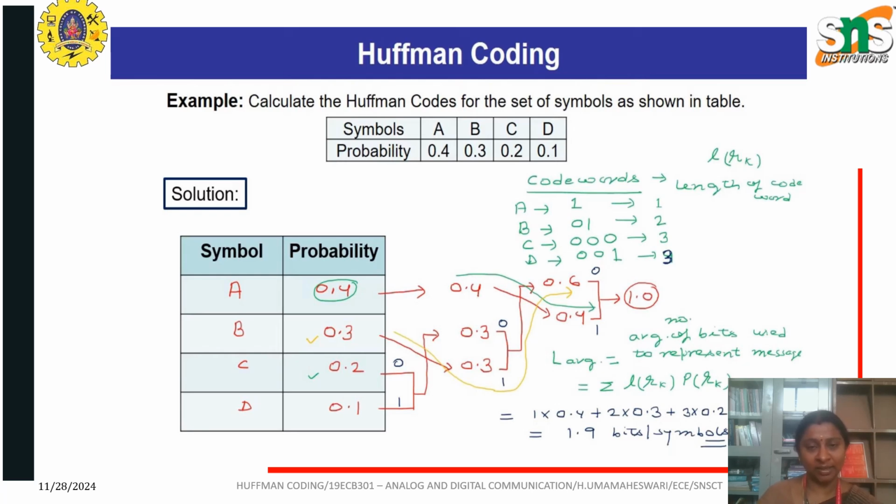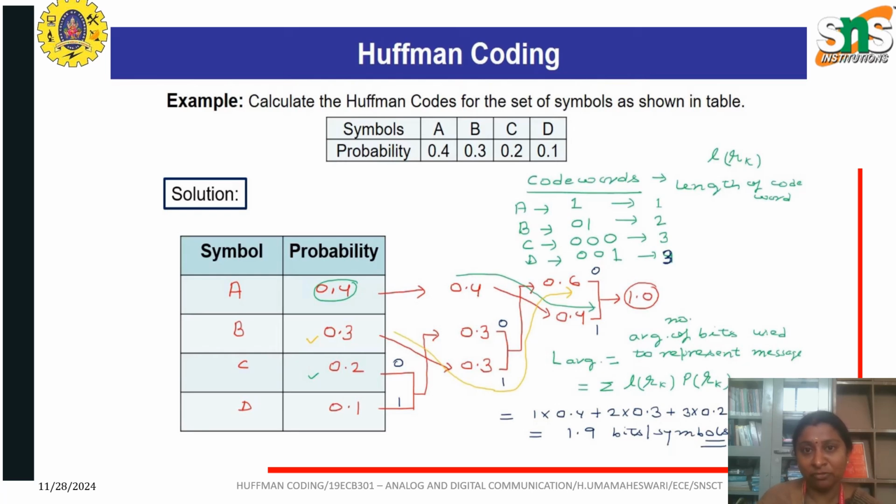So we have to add the symbols C and D, and we get 0.3. That 0.3 should be placed after 0.4, then again 0.3. If we add 0.3 and 0.3, we get 0.6. That 0.6 will go to the top, then 0.4 will come at the bottom.